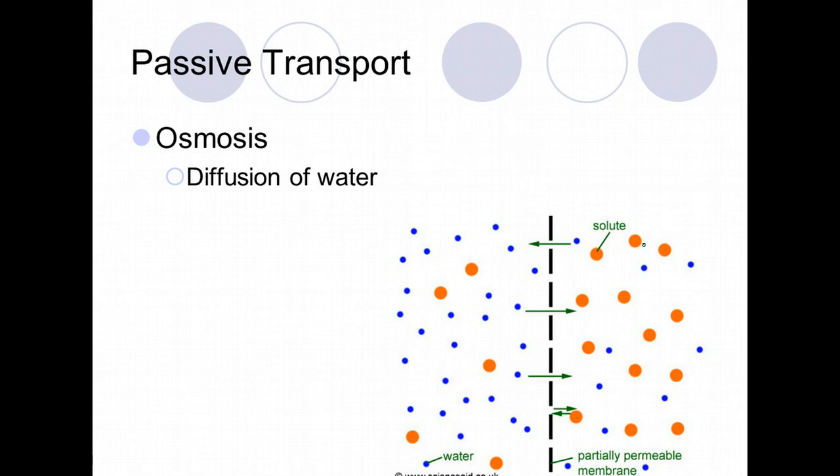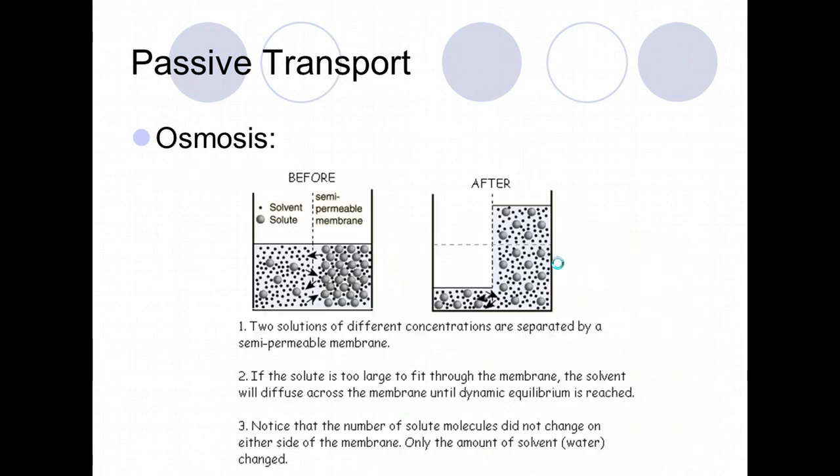But remember, the right has a lot more solute. And the solute can't move, so that means that there will be more solute on the right than on the left, and there will be equal amounts of water. So overall, there's more stuff on the right than the left in the end.